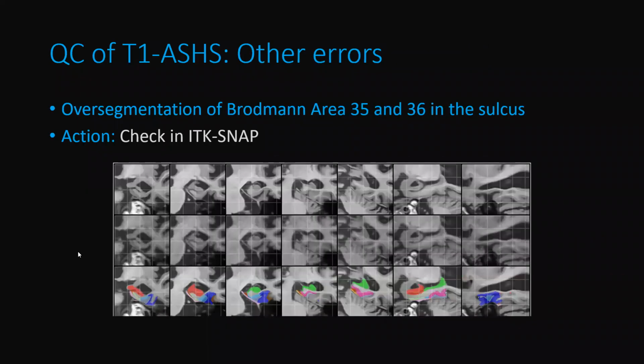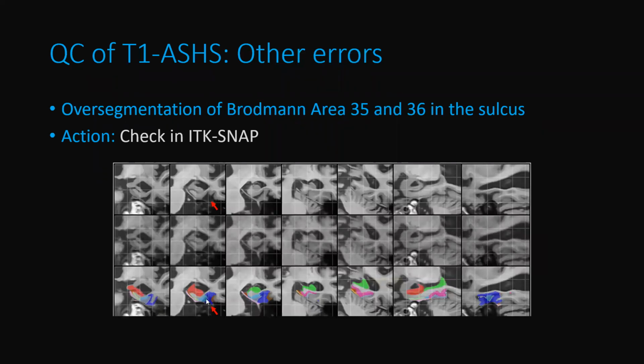All right. So then there can be some other errors. So, for example, sometimes it happens that a case has very severe atrophy, and then it can happen that there's still segmentation in this specific area. So then it's over segmentation of Brodmann area 35 and 36.